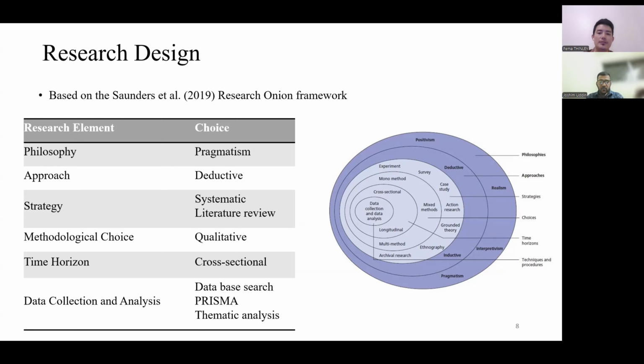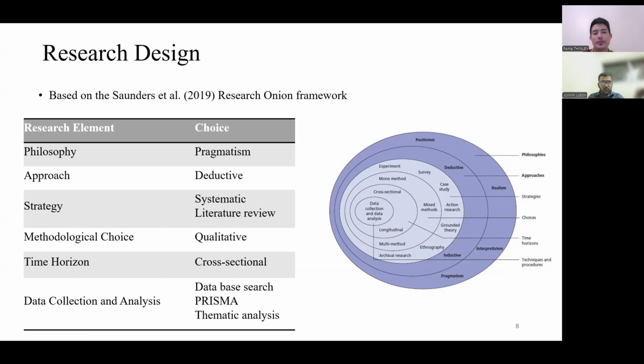This research will also follow the systematic literature review strategy, using the PRISMA model, and we will not be collecting any primary data. It will be based on existing literature through systematic literature review.